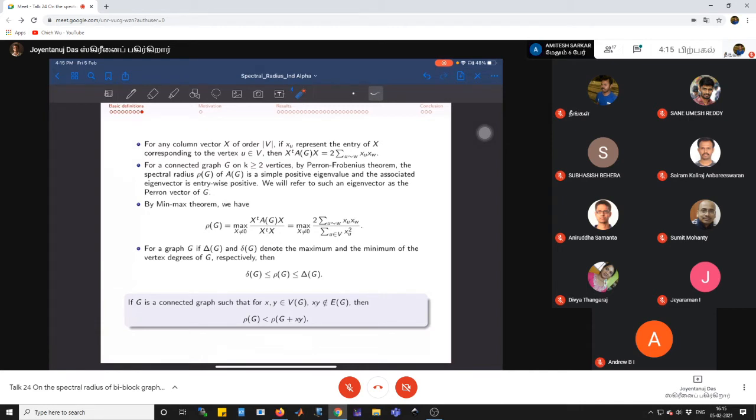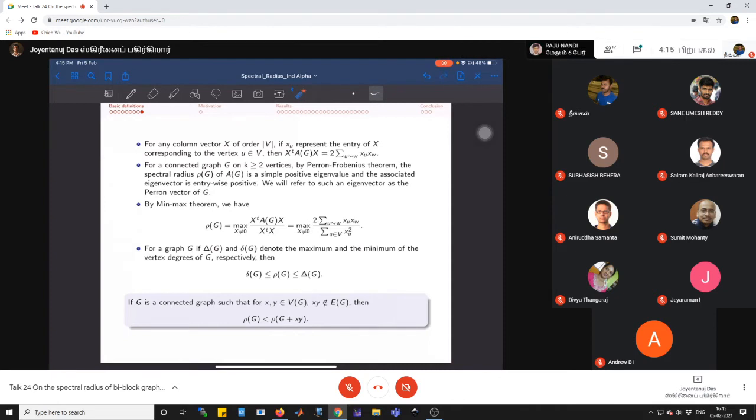Then two more results from graph theory. Suppose capital Delta of G denotes the maximum vertex degree and small delta of G denotes the minimum vertex degree. Then the spectral radius lies between small delta of G and capital Delta of G. The next result will be used most in the paper.